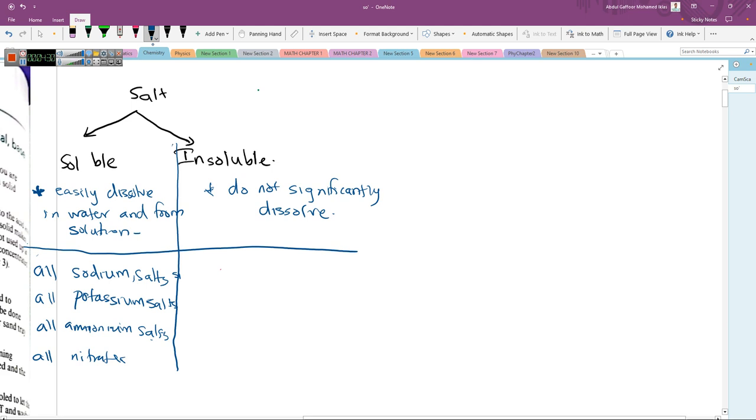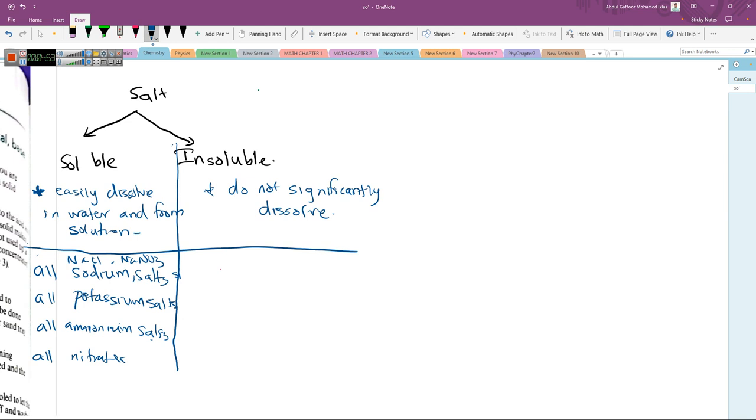For example, if you take sodium salts, for example NaCl and NaNO3, these are salts of sodium. Even sodium sulfate, whatever the sodium salts, the cation will be sodium, and you can combine the cation with any anion. Even sodium bromide, anything.